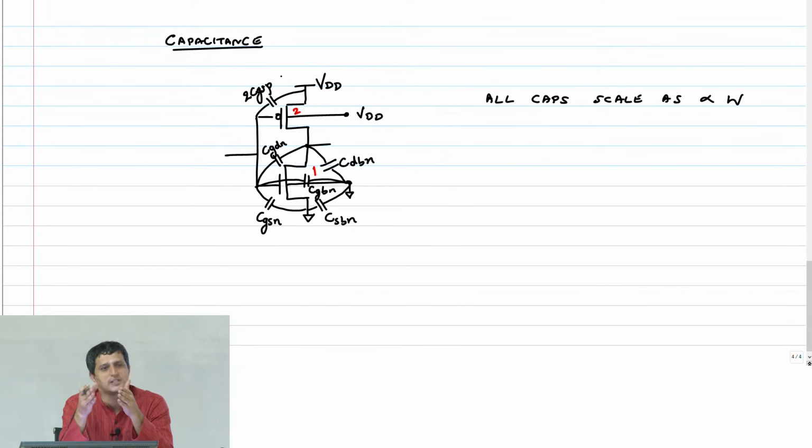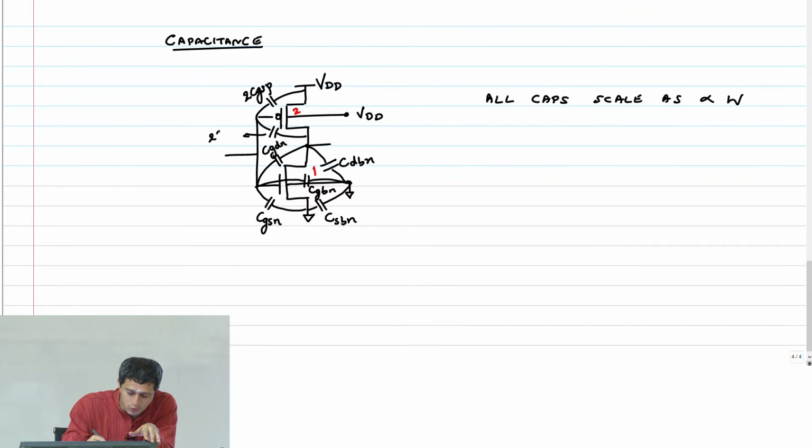If the CGS is CGS for the NMOS, then if the same width I use for the PMOS, that is also CGS. There is no big difference there, if you remember. Just because there are holes there, the capacitances don't change. So let me just write that down.